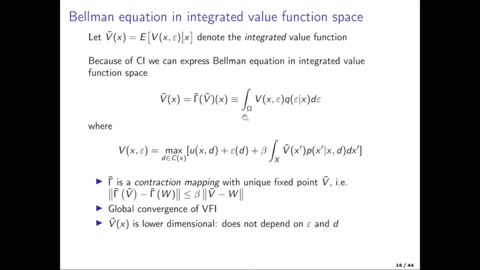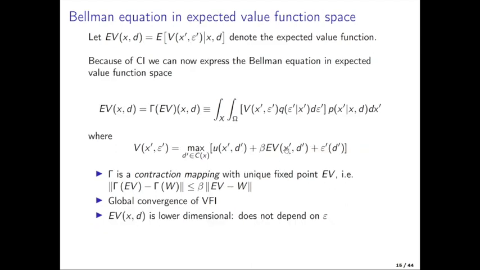So we're integrating out the epsilons. Now you have a separate Bellman equation in the integrated value function space. And again, you can write this value function in the same way, but now signify the dependence on the integrated value function rather than the expected value function, as we did on the previous slide.